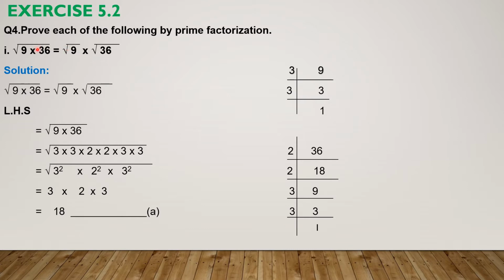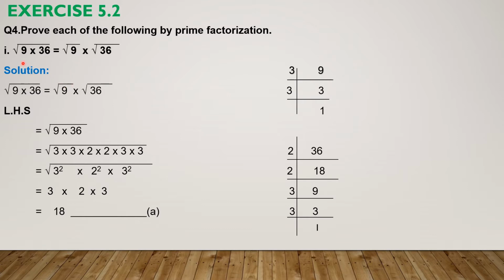Students, in this question you have to prove that whether you take the square root of 9 multiplied by 36, or you take separate square roots of 9 and 36, in both cases the answer will be the same. We are going to prove this question.